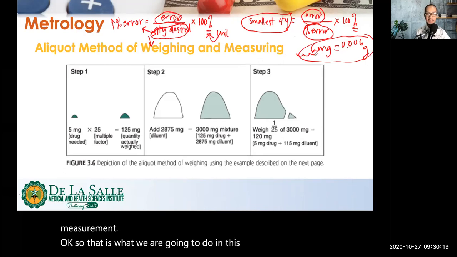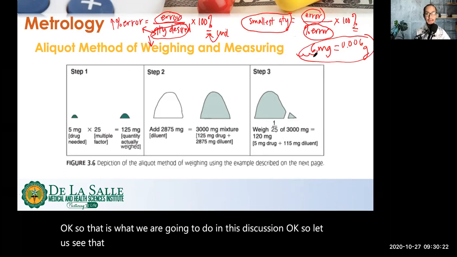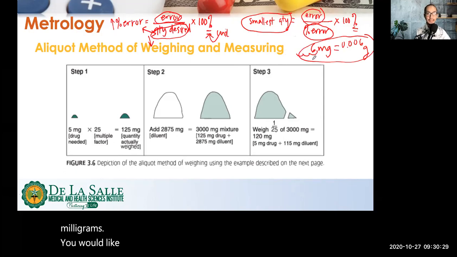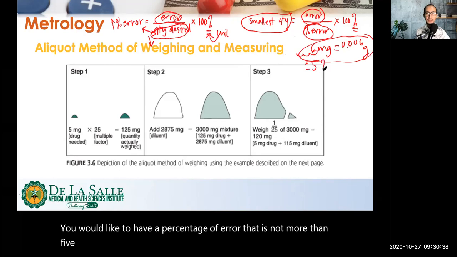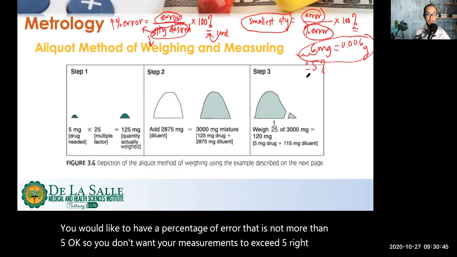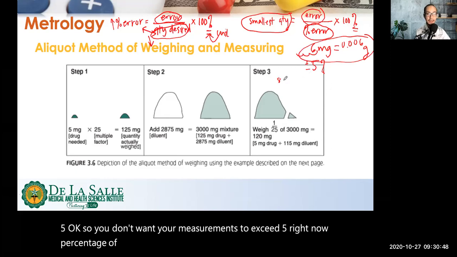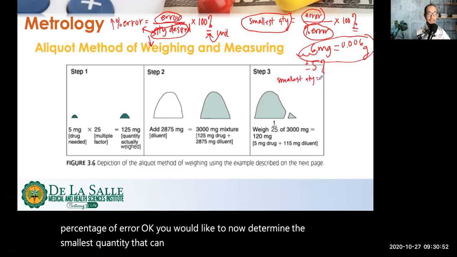Let us say that the instrument has a maximum potential error of 6 milligrams, and you would like a percentage of error that is not more than 5%. You don't want your measurements to exceed 5% error. You would like to determine the smallest quantity that can be determined using your instrument.